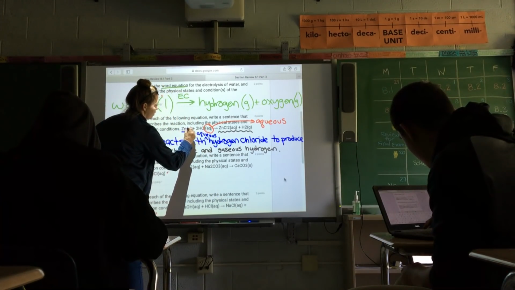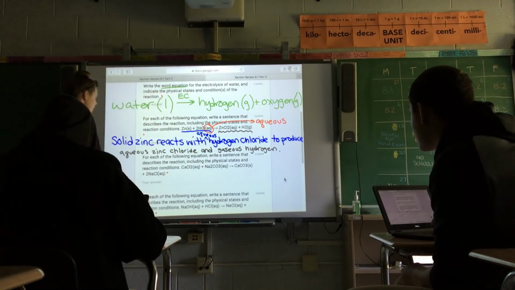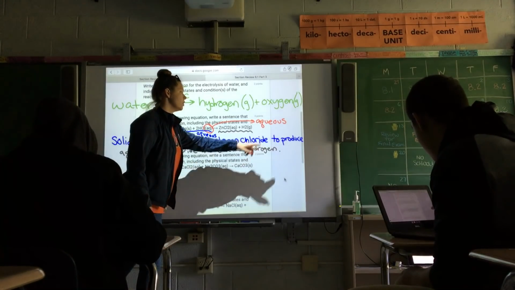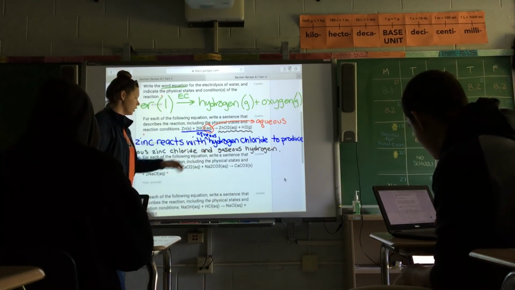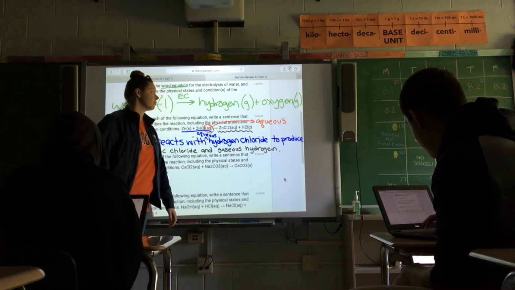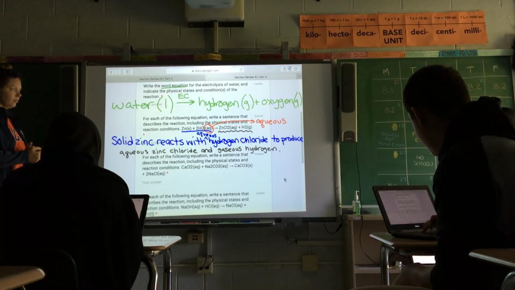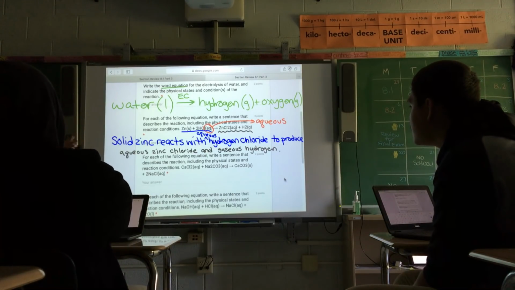So we had our reactants in blue. Solid zinc reacts with aqueous hydrogen chloride to produce our products in black, aqueous zinc chloride and gaseous hydrogen. Any questions about what this is asking us to do?